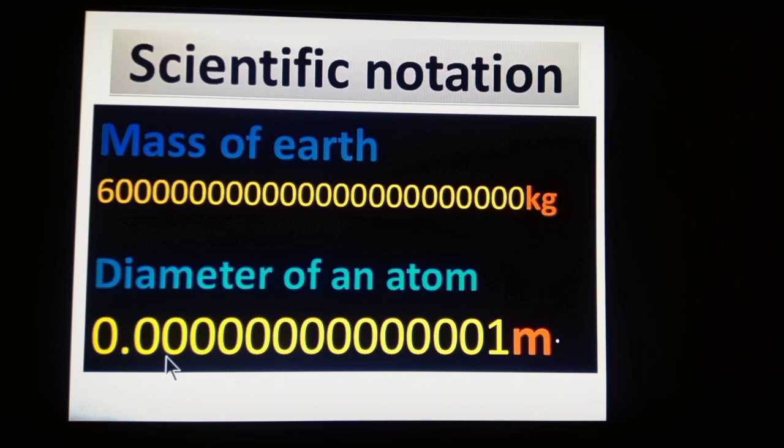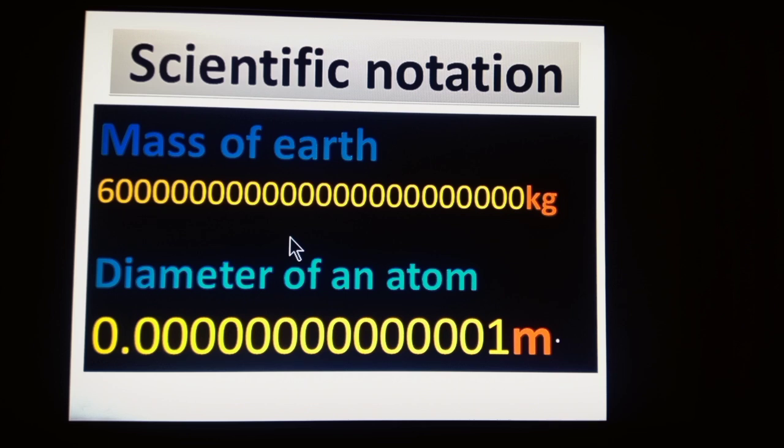Students, in science we sometimes come across a very big number, and sometimes a very small number. When these numbers are used in a calculation again and again, it is difficult to write them, number one.